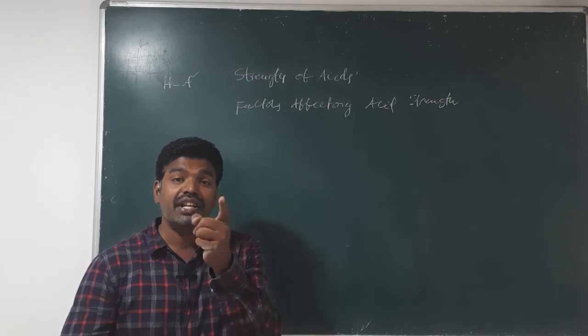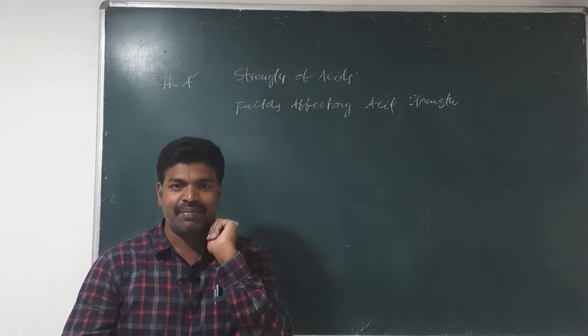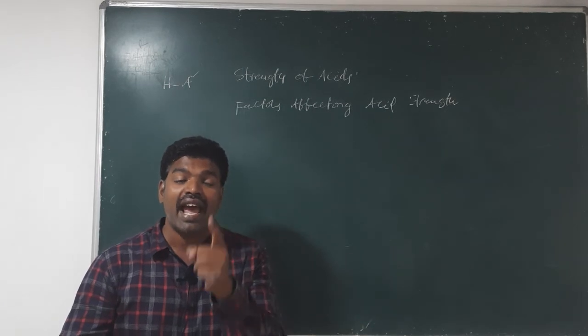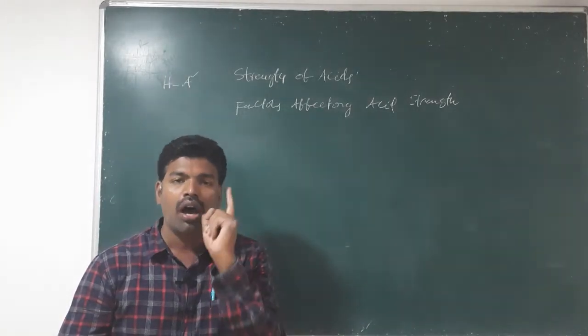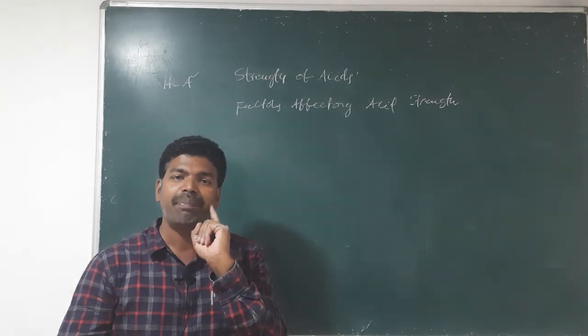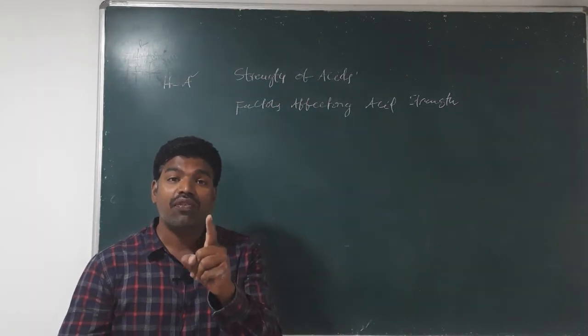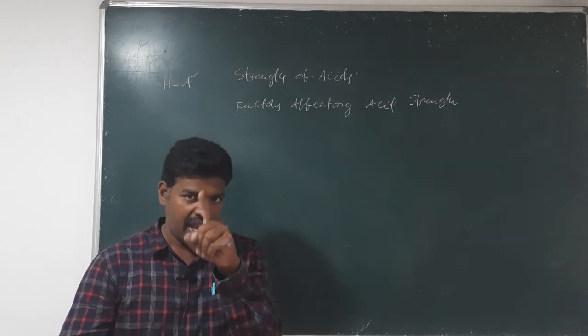The extent of dissociation of a Bronsted acid depends on the strength and polarity of the HA bond.